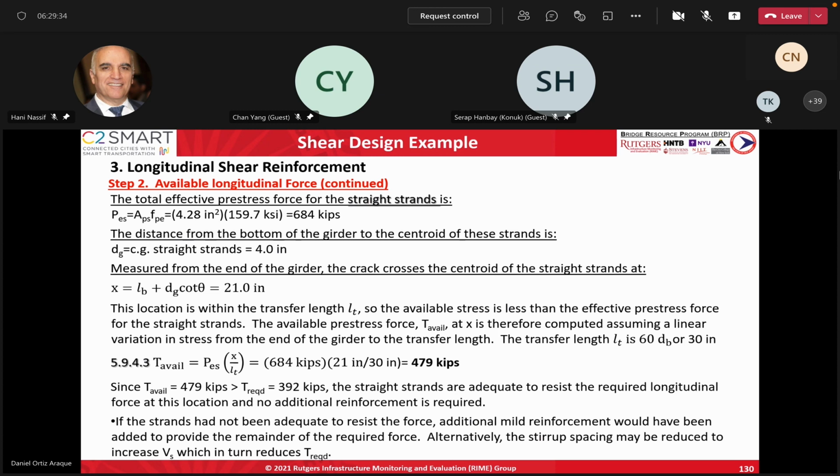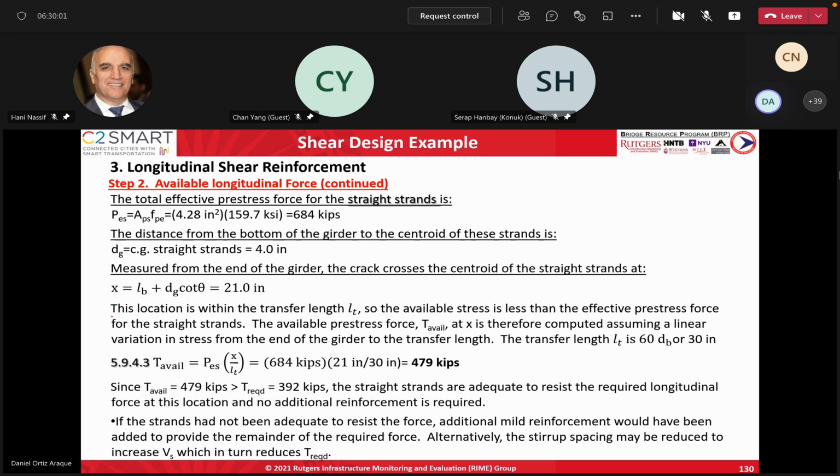So the available longitudinal force for the straight strands, it's only for the straight strands, will be the area of these 28 tendons times the FPE. And note that X is the location computed assuming a linear variation in stress from the end of the girder to the transfer length.